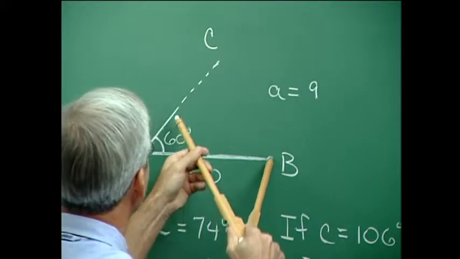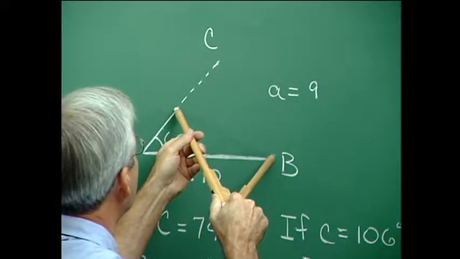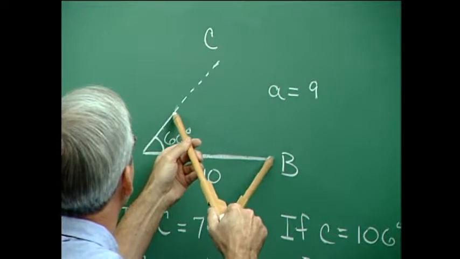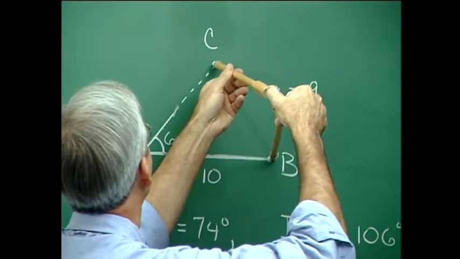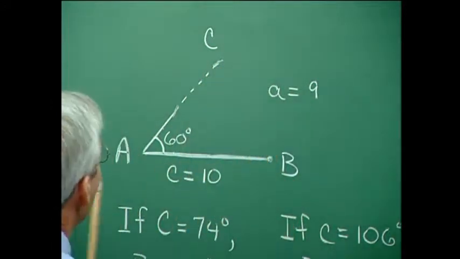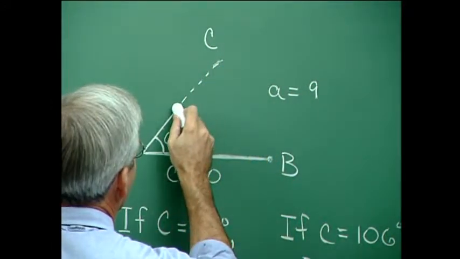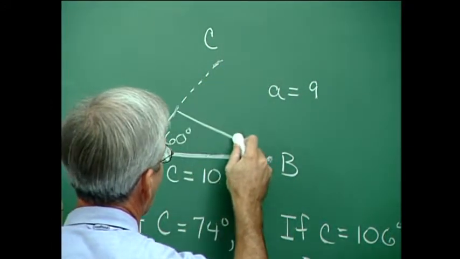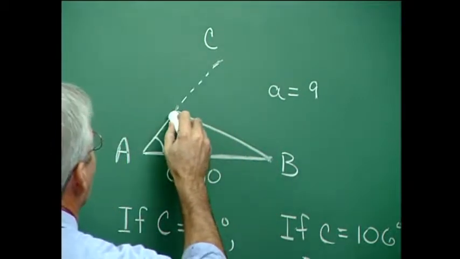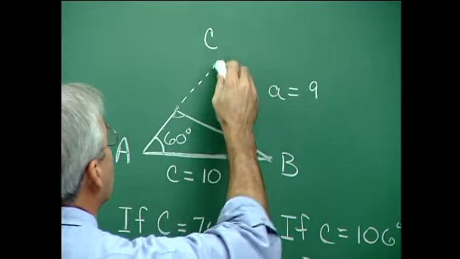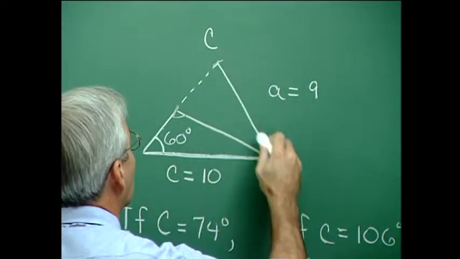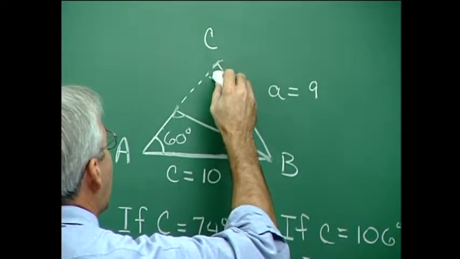If I make a mark right here, this could be 9 right there. But I could also have a 9 up here. So the angle could be this angle for C, or it could be that angle for C.